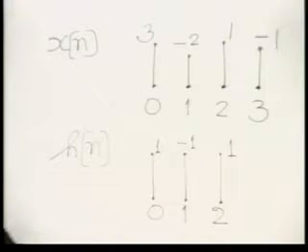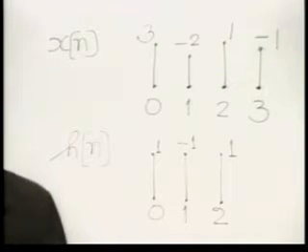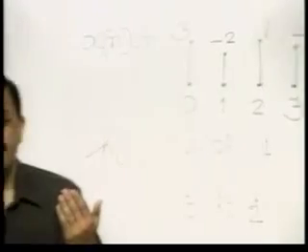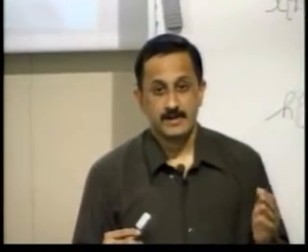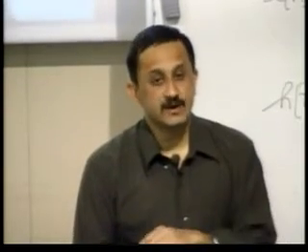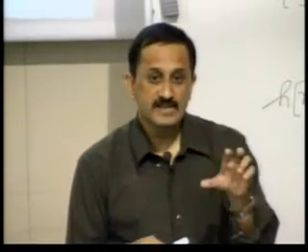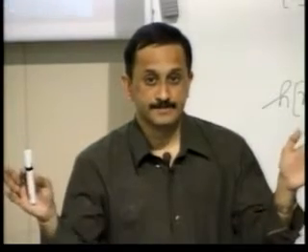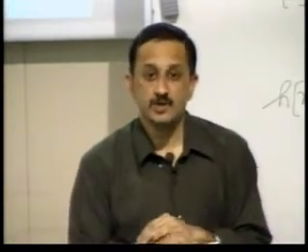So of course, now here comes the guideline. Which one do we fix and which one do we shift? The general guideline, even in the context of discrete time systems, is that we prefer to fix the sequence that is longer and move around the sequence that is shorter.